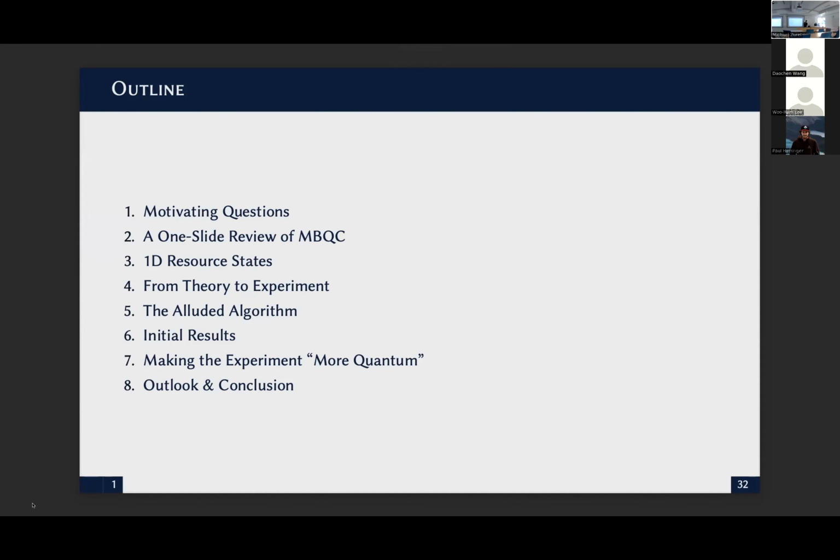From there, we will depart the realm of theory and go into some experimental details before I discuss some of the algorithms, as I alluded to in the title. Finally, I'll share some results and then the second stage of the experiment, where we moved into a so-called more quantum mechanical experiment, which I'll discuss later. And finally, we will discuss a future outlook and directions.